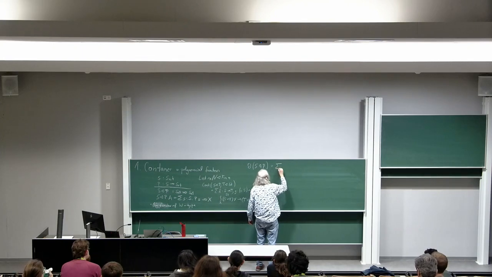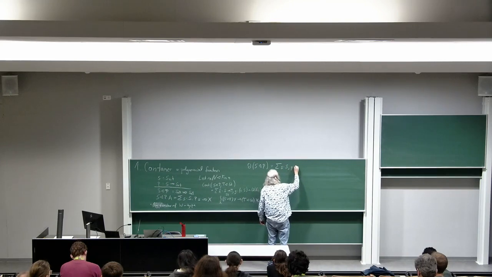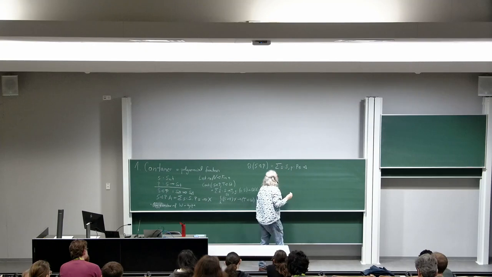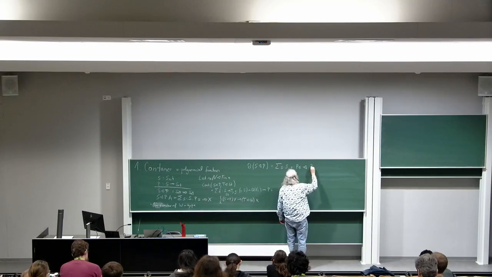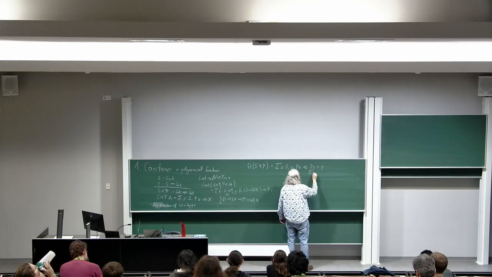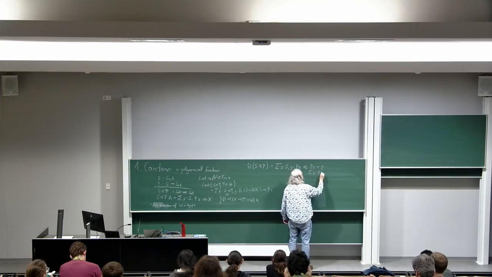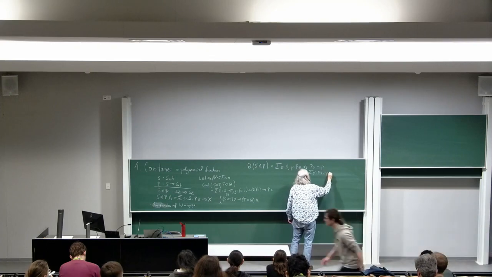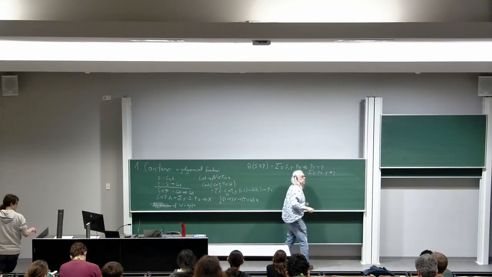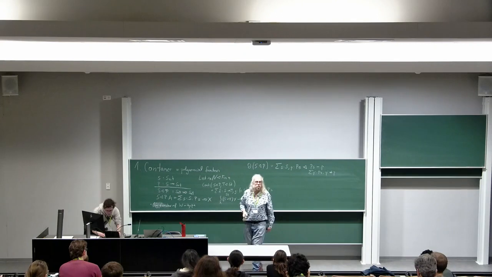So the shapes are now a shape together with a chosen position, and the positions are P of S with p removed. So what do I mean by this? I mean, it's a p prime in P s such that p prime is not equal to p. So I remove one position.